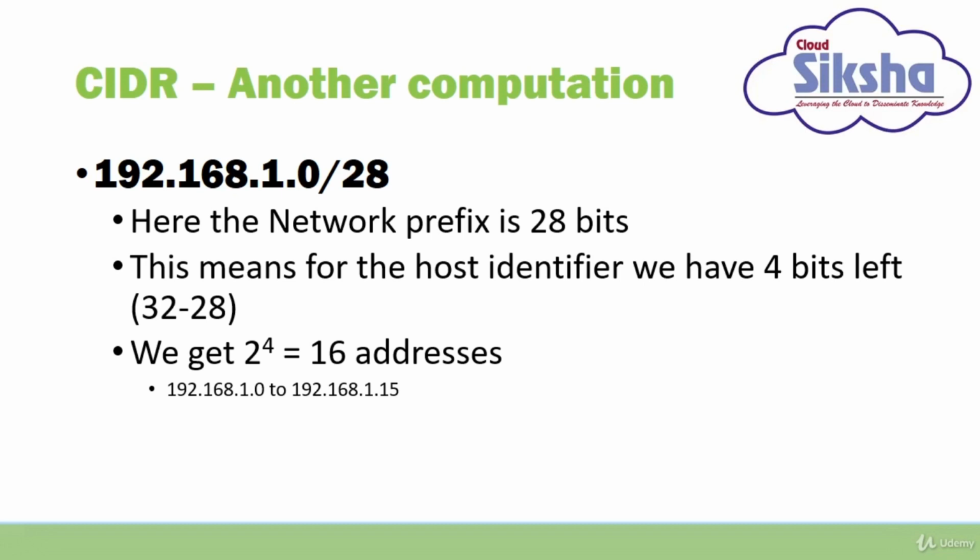In this case, you have 192.168.1.0 all the way to 192.168.1.15. That will be your address range. So this is the effect of the slash annotation. So the slash annotation tells you how much is the network prefix and what numbers are available to you to use within your subnet. Please understand this thoroughly.